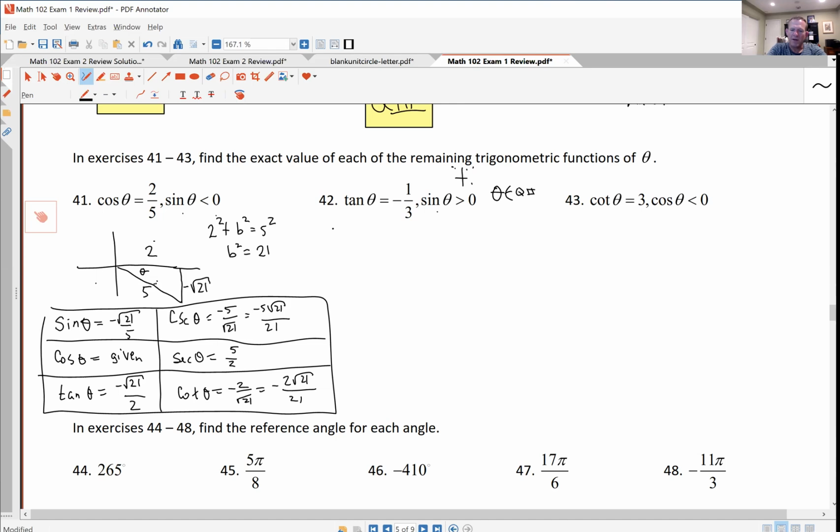So I draw my reference triangle, my reference angle in quadrant 2. So I have a tangent that is negative 1 over 3. So the opposite over the adjacent side. Now, Pythagorean theorem, we have a squared plus b squared. That's 9 plus 1 is 10. This becomes square root of 10.